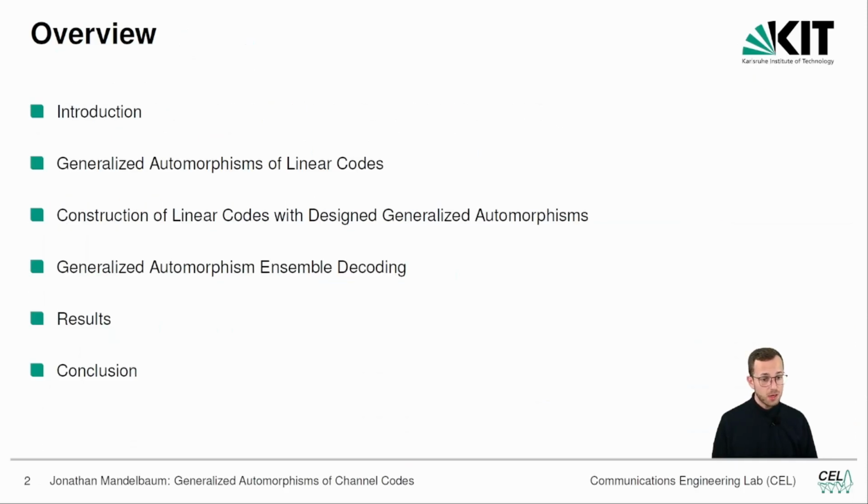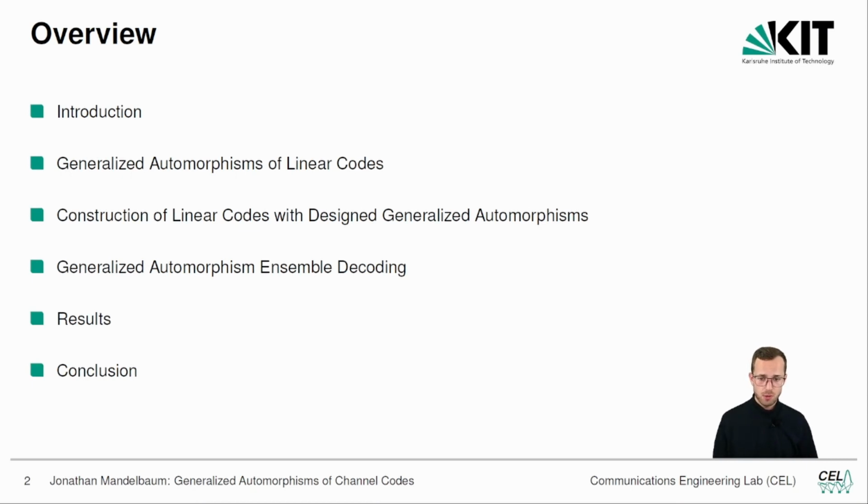Let me start with a short overview. First I will present a short introduction in which I will also motivate this work. Then we are going to discuss the definition of generalized automorphisms of linear codes and then talk about the construction of linear codes with designed generalized automorphisms.